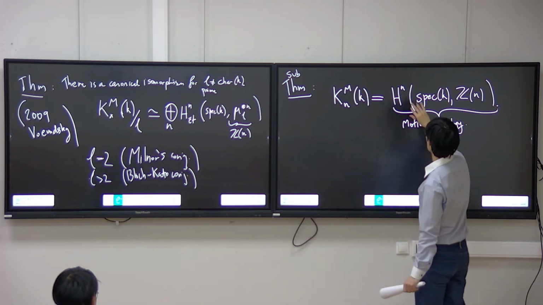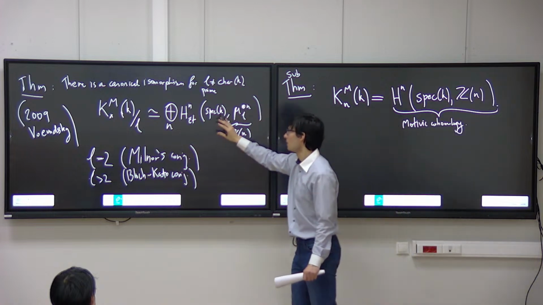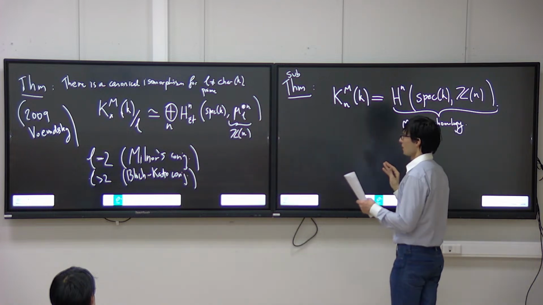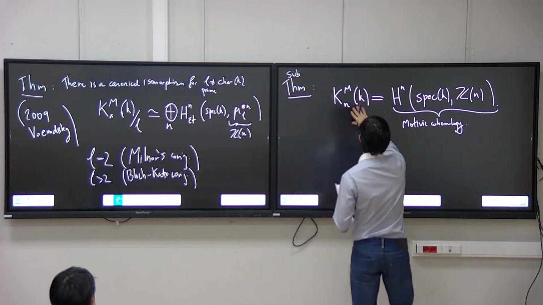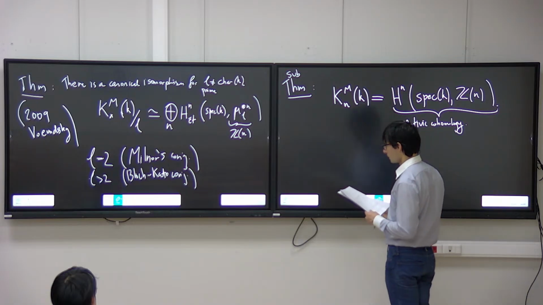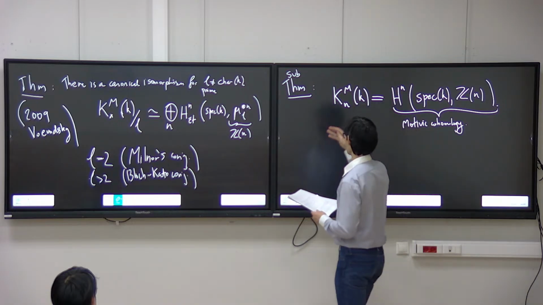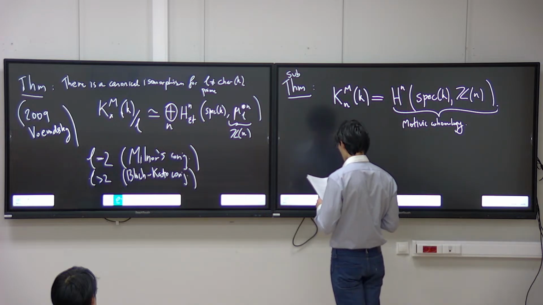Then there's an extra step, more work to do to prove that this is actually equal to this, but this looks much closer to this as you expect. But the fact that you have K-theory and motivic cohomology, it's a big research topic to find relationships between these guys.